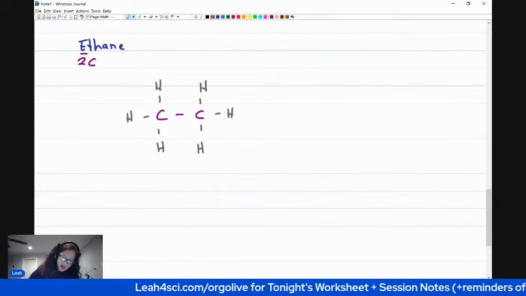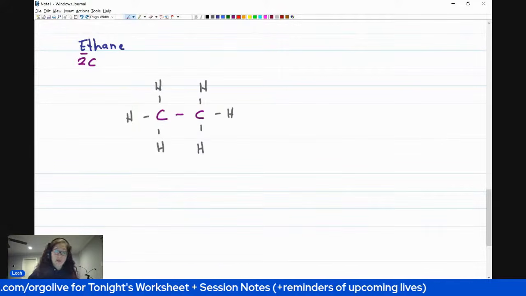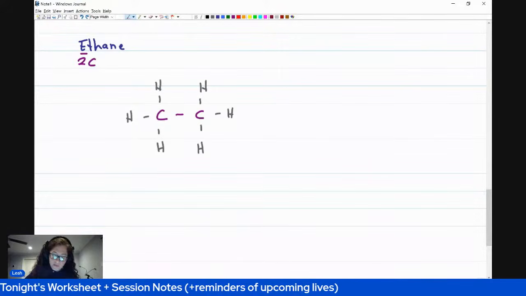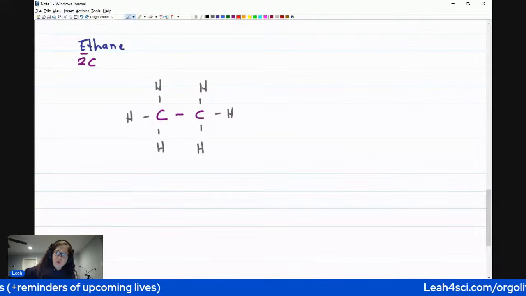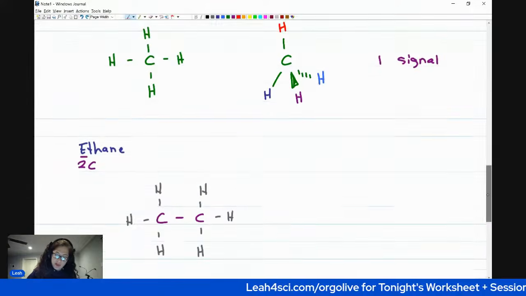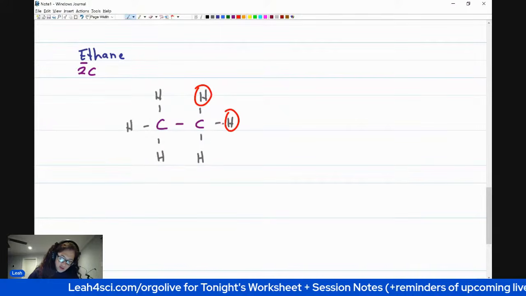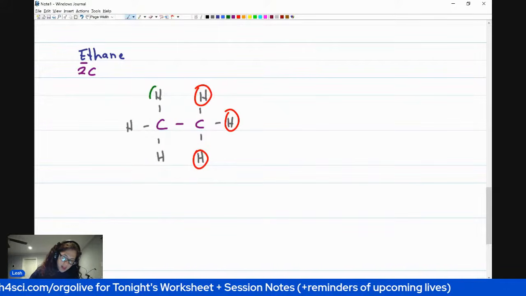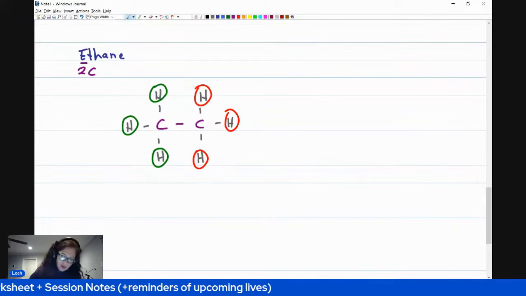What I'm looking at here is if I have an sp3 hybridized carbon atom and it can spin, any hydrogen on that sp3 atom is going to be exactly the same, just like we saw with methane. And looking at it with ethane, that means each of these are exactly the same and each of these are exactly the same. But there's one more thing I want to look at.